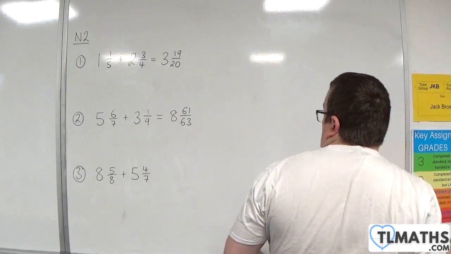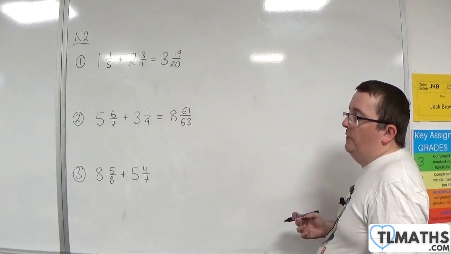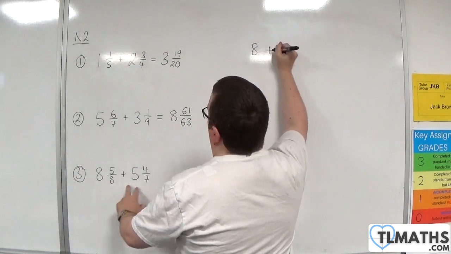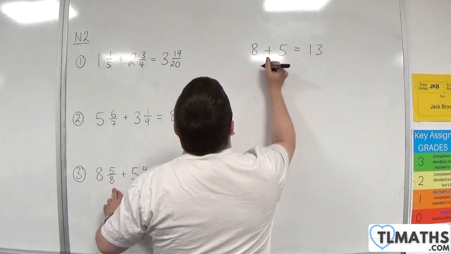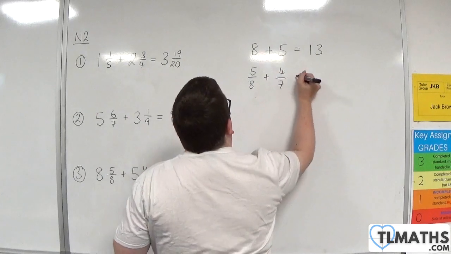So example number 3, 8 5/8 plus 5 4/7. So first of all, focus on the 8 plus 5, so 13. Then we've got the 5/8 plus 4/7.